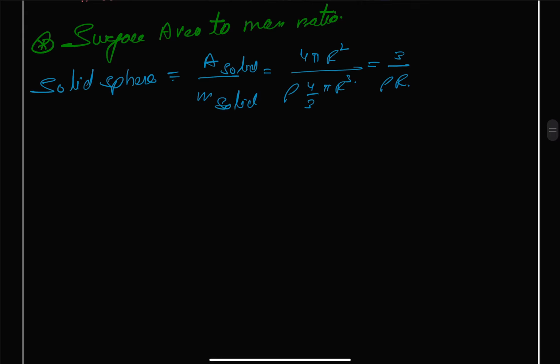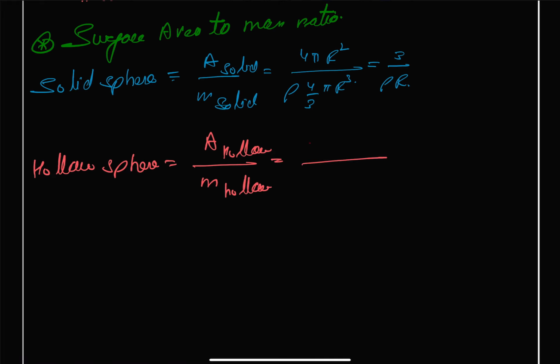And we come to the hollow sphere now. Hollow sphere, area of hollow divided by mass of hollow.